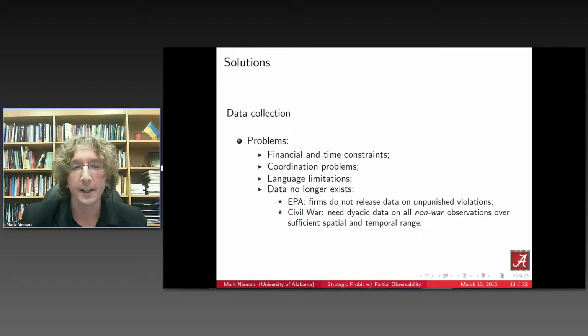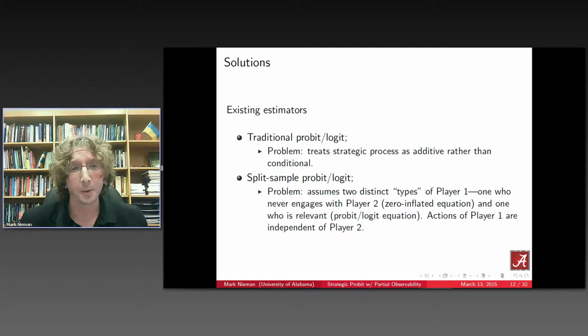In the civil war example, we would need to have dyadic data on all non-war observations, so groups that chose not to actually challenge the government, not just the groups that selected into the subset of civil conflict in that sample. Existing estimators are also problematic.